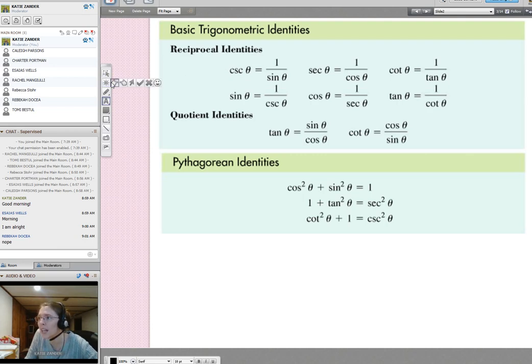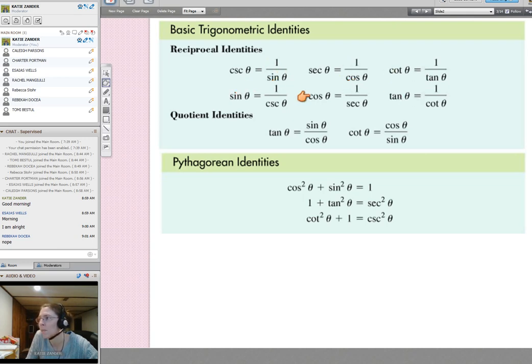Now, hopefully, you will not need to write down these reciprocal identities or the quotient identities with tangent and cotangent. Hopefully, we have those memorized by now. So, again, remember sine, cosine, and tangent. The reciprocals of those would be cosecant, secant, and cotangent. So 1 over sine, 1 over cosine, 1 over tangent.